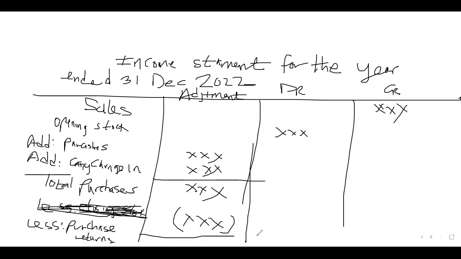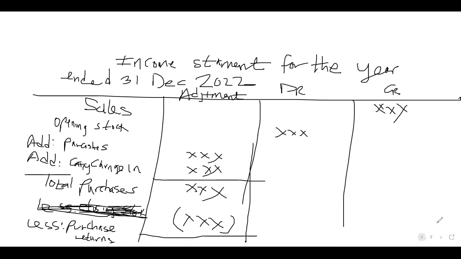Then you are going to have net purchases. So on the continuation here, we have this aspect on the format. So here we are going to have net purchases.